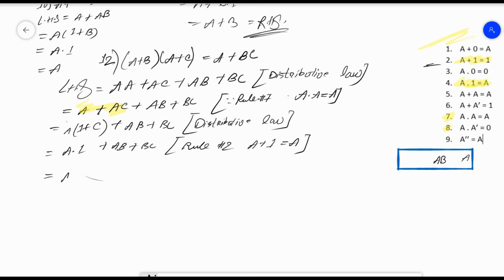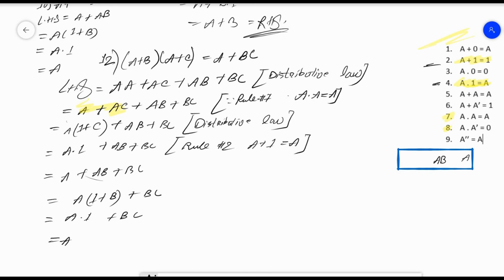Now from here we have A, as it comes from rule number 4, you can see on the right side, plus AB plus BC. So we can again take A common and write 1 plus B plus BC from this one, and then we have A into 1 again from this rule, that if we add 1 with anything we get 1, and we have the remaining BC.